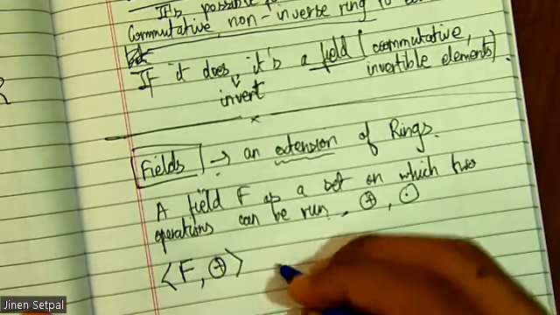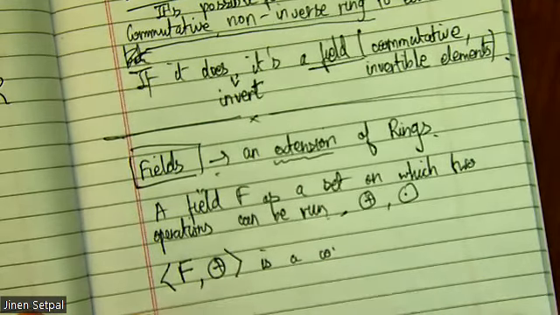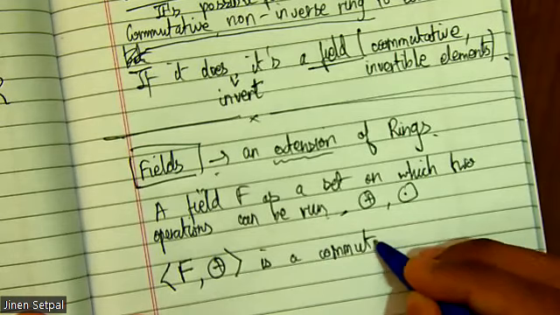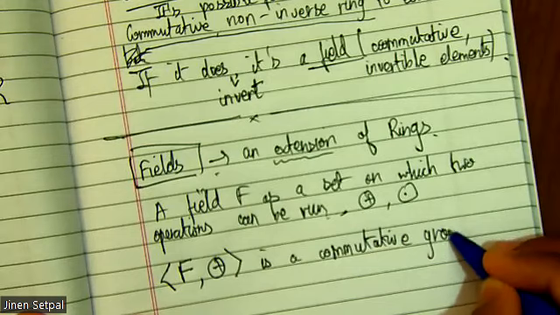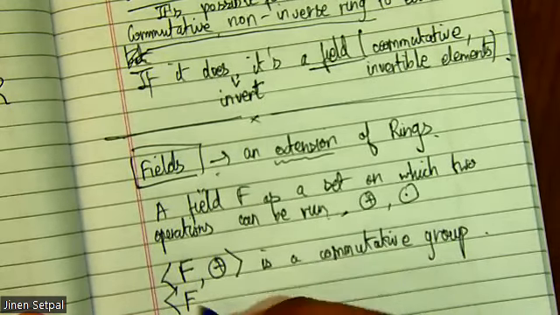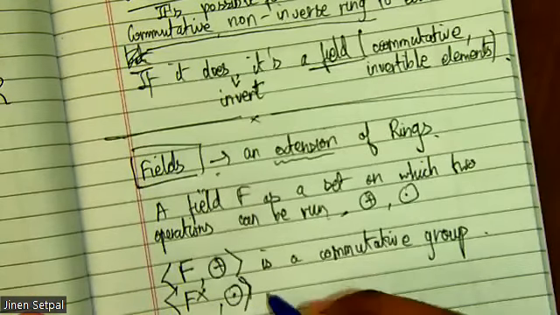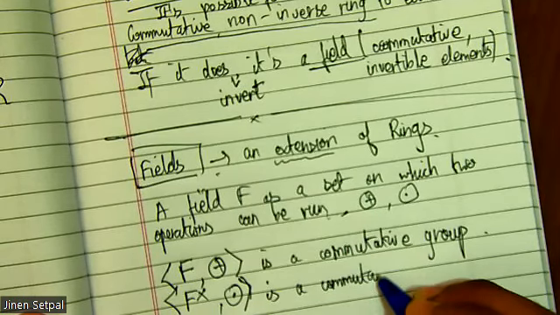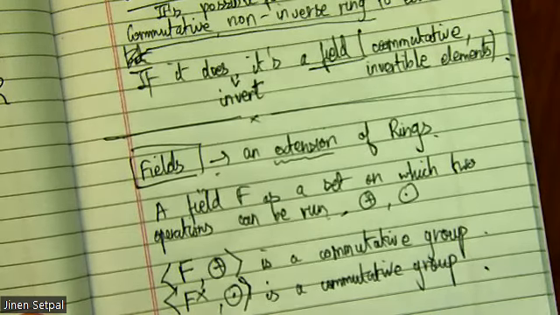The subset of a field with an additive operation gives us a commutative group, and the subset of F with the multiplicative operation is another commutative group.